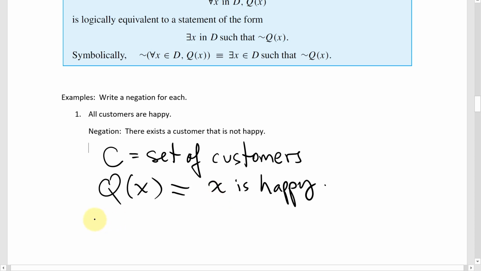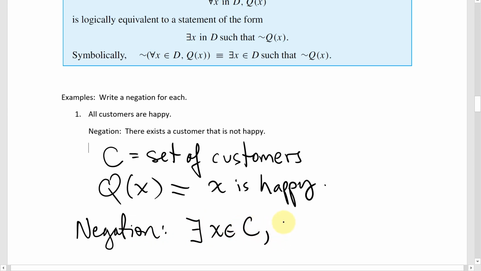And so we were given some statement, all customers are happy. We could say that the negation in a formal language is there exists X element of the set of customers where not Q of X is true.